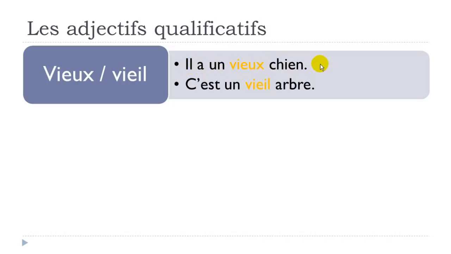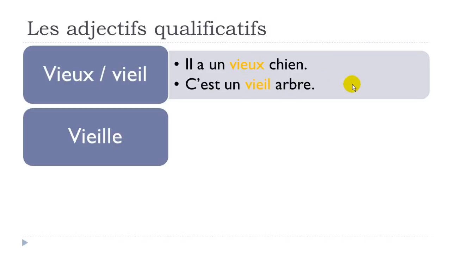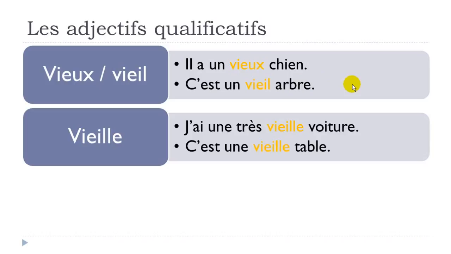So, il a un vieux chien. And here, c'est un vieil arbre. Feminine form, vieille. J'ai une très vieille voiture. C'est une vieille table.